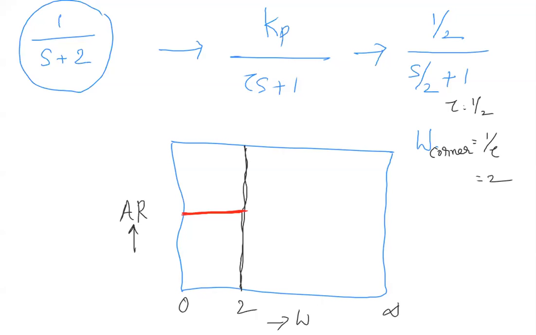This is Kp. What is Kp? It is 1 by 2. What is another asymptote? This is another asymptote. This is the Bode plot.